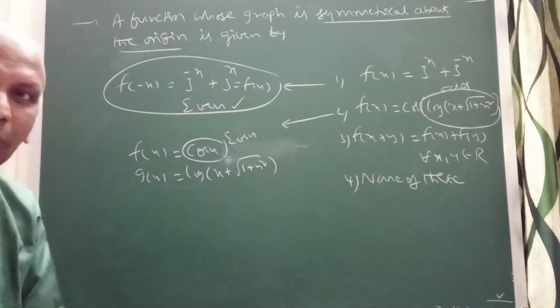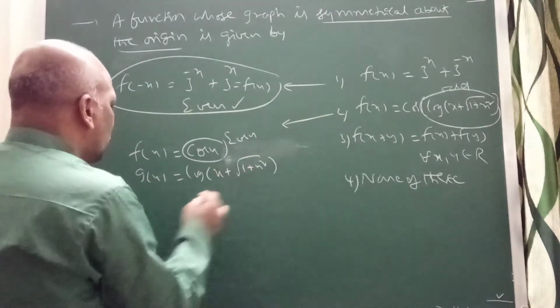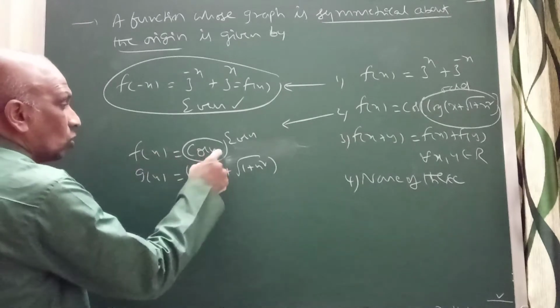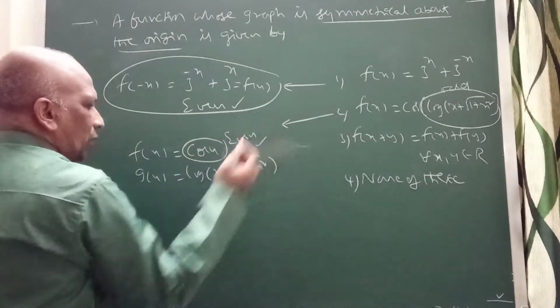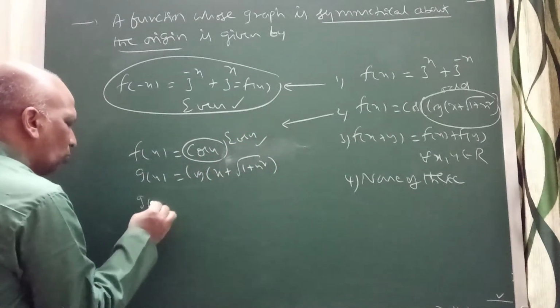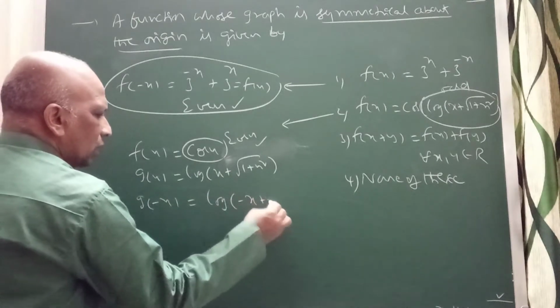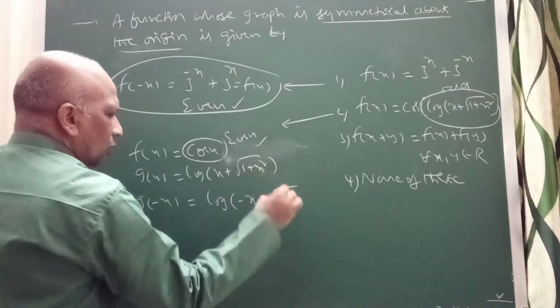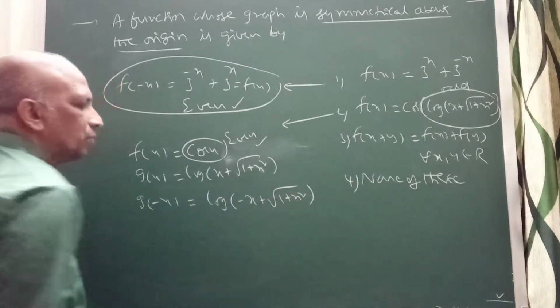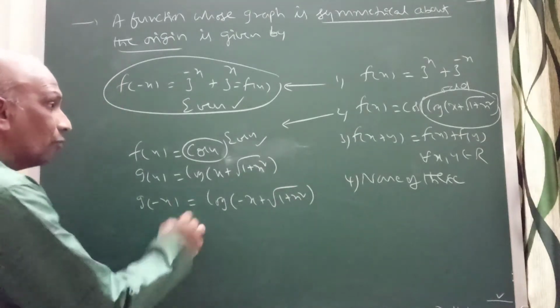Cos x is an even function. I can verify this: f of minus x, cos of minus x, is cos x, so this is even. Now for g of minus x, replace x with minus x, log of minus x plus root of 1 plus x square. I am verifying here.